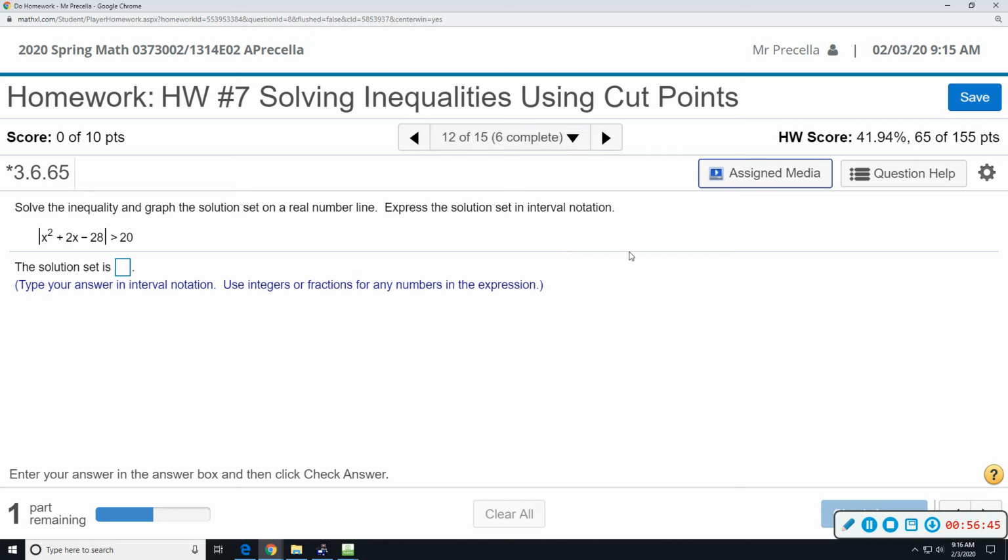So let me write this problem down, number 12. Absolute value of x squared plus 2x minus 28 is greater than 20.